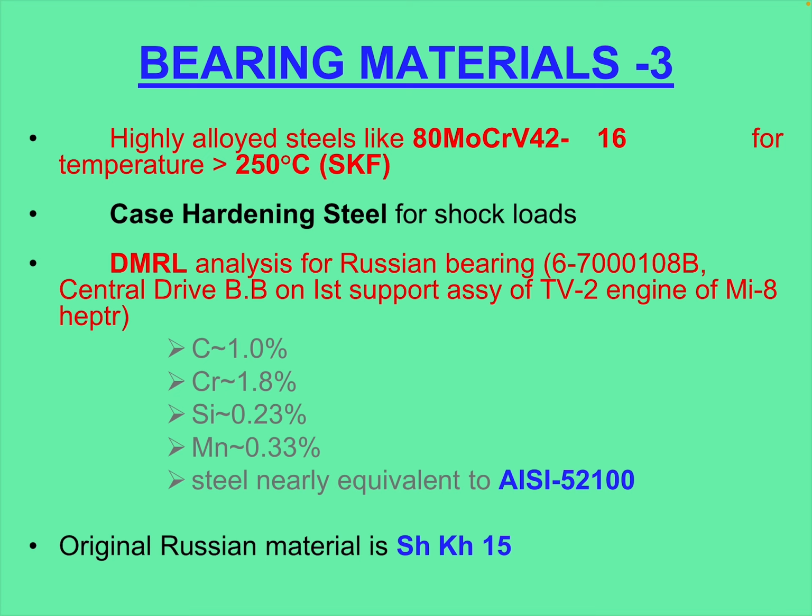Russian bearing steel analysis. C equals 1.0, Cr 1.5, similar to 52100 steel, near equality to AISI 52100. Russian material ShKh15. These differ between countries.